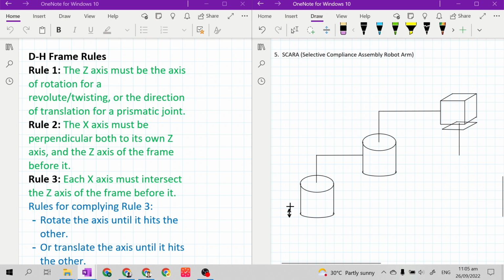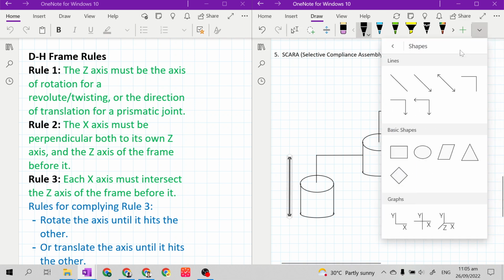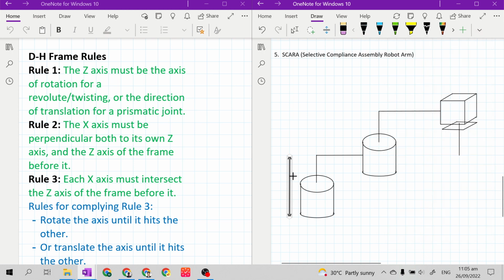The SCARA manipulator has more than three links. So this is number one. Next is number two. Next is number three. Then number four.